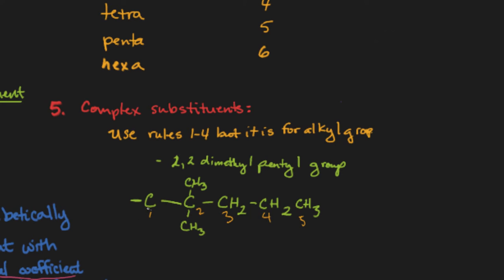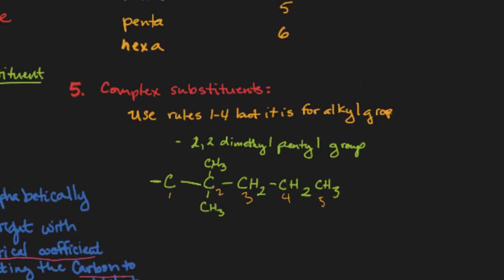The compound would be pentane, but this is an alkyl group, meaning it's a substituent attached to a main chain, so this would be a pentyl group, and it's got 2 methyl groups on the second carbon, so it'd be a 2,2-dimethylpentyl group, attached to some other bigger main chain.